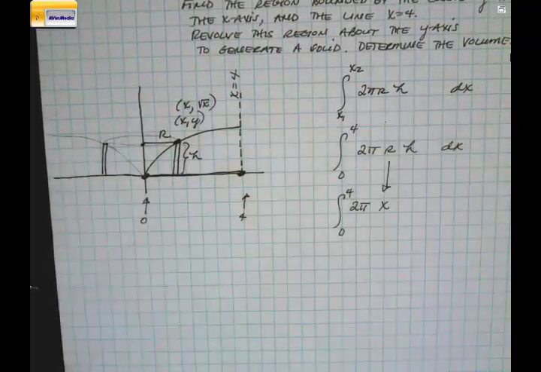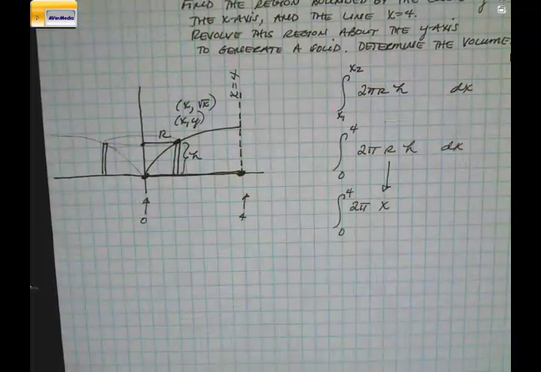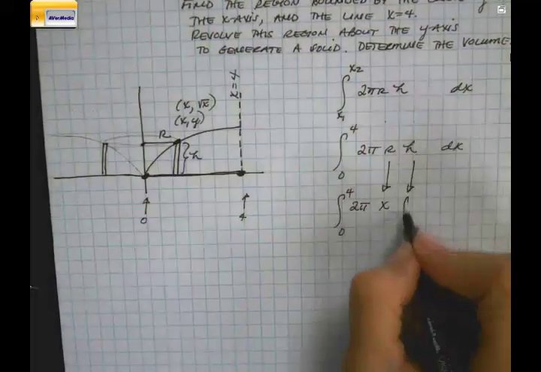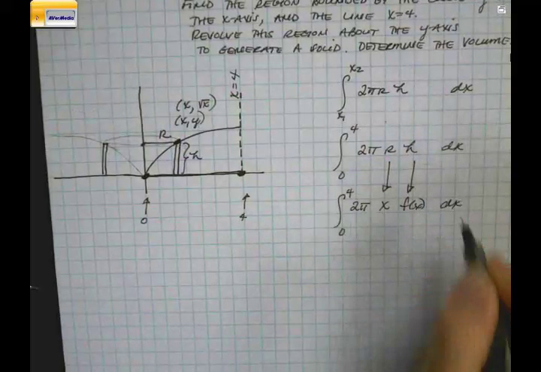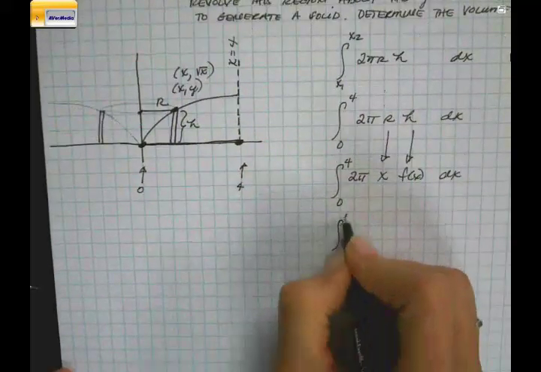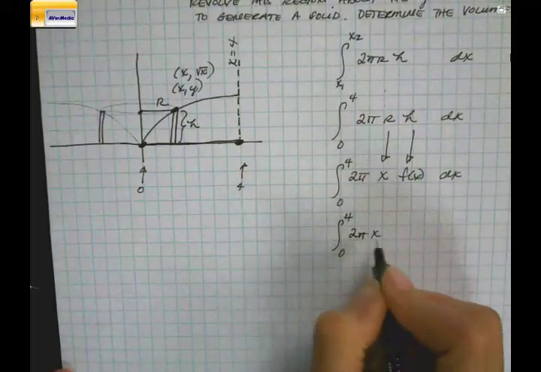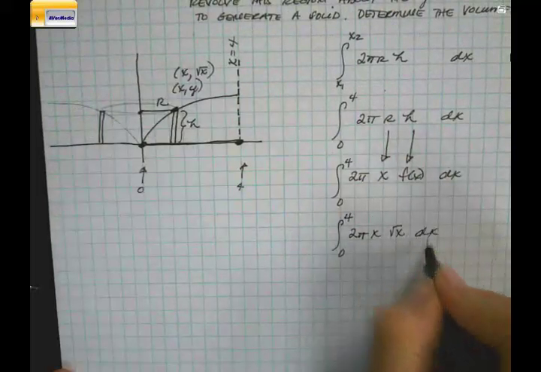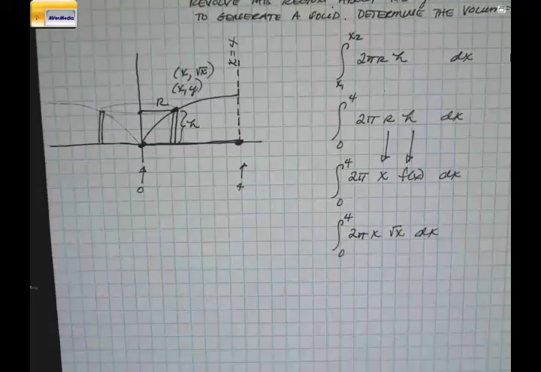Your radius is x, and your height is going to be f of x. I'm going to go ahead and put on here f of x. So you're simply integrating from 0 to 4, 2 pi x, and the height is square root of x, dx. And your integral is set up.